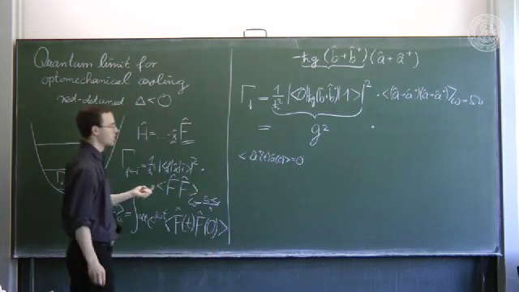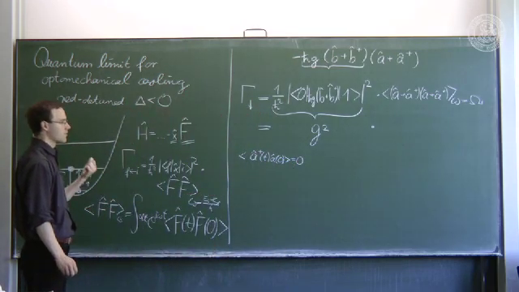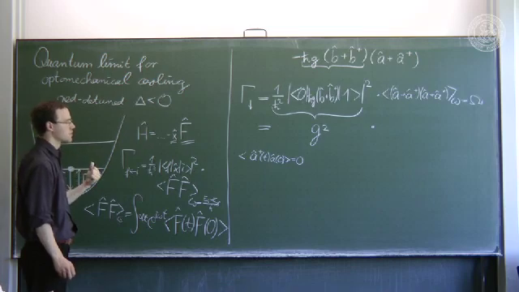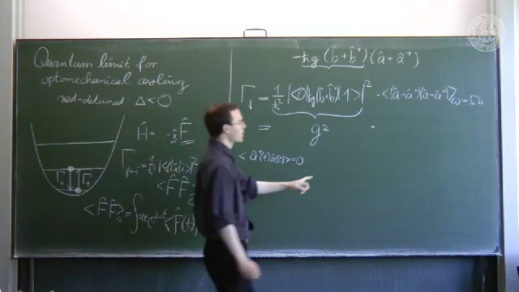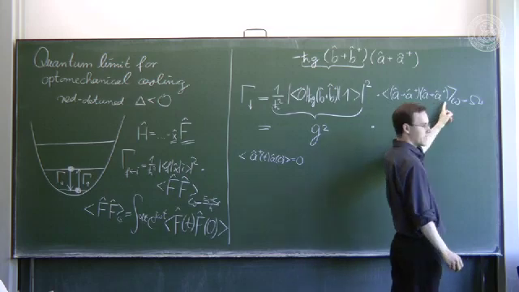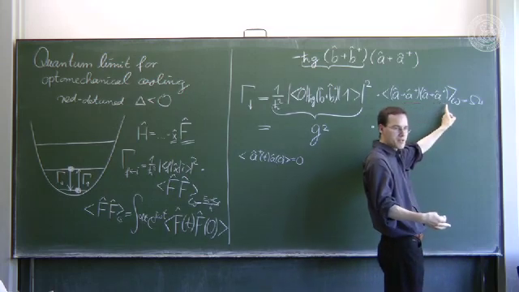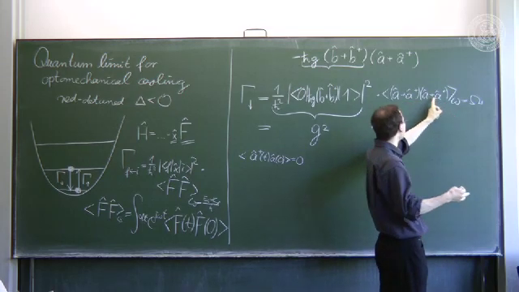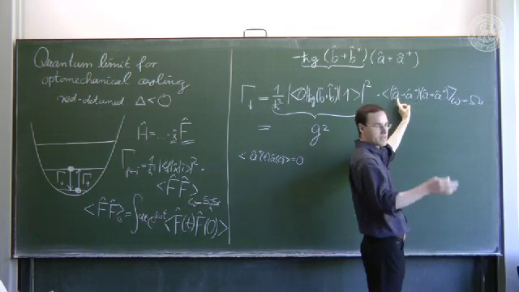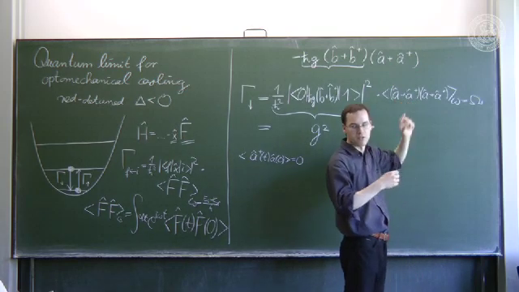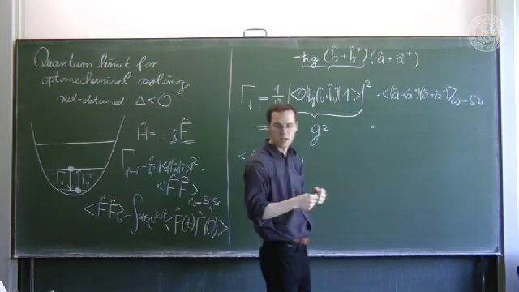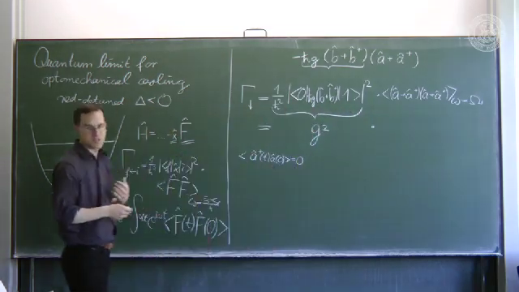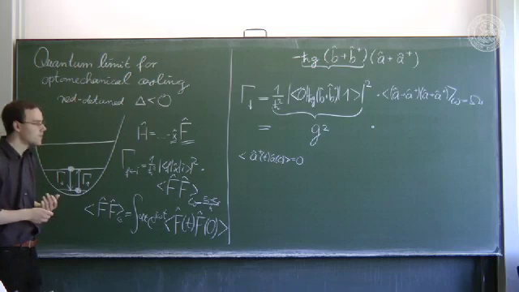So many of the terms will just give 0. There's only one single term that does not give 0. And that is, if I act with a dagger on the right, then even though I'm in the ground state, first I create a photon, and then I can annihilate the photon again to go back to the ground state. To get a non-vanishing expectation value, I have to go back to the ground state. So that's why a dagger on the left is not good.